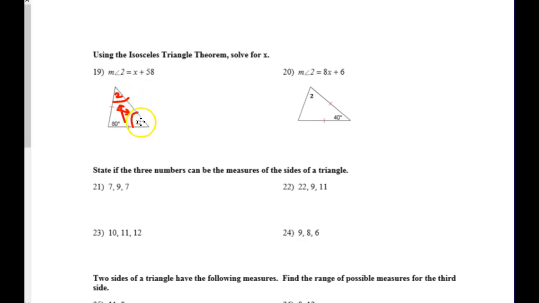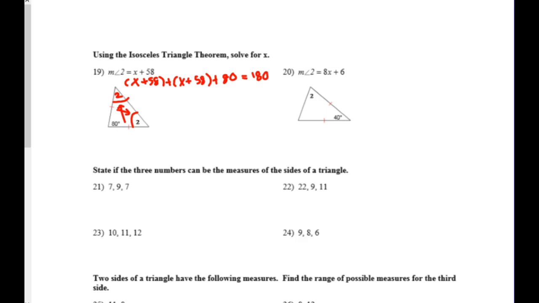So both of those angles are going to be equal to x plus 58. So we have x plus 58, x plus 58, and 80. We know the triangle sum theorem. If we add those up, they're going to equal 180. So x plus 58 plus x plus 58 plus 80 equals 180.